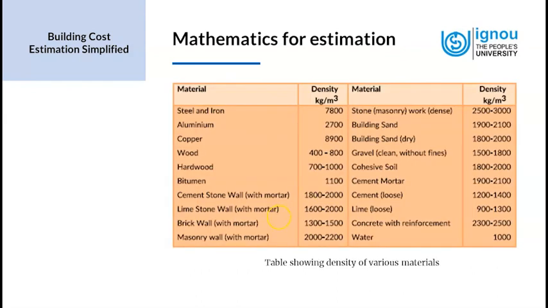So we have a table showing densities of various materials. We can have a comparison with water, which weighs 1000 kilogram per meter cube, and we can see how it is for other building materials like concrete, lime, cement, mortar, gravel, stone, brick wall. So this shows the density of different materials.